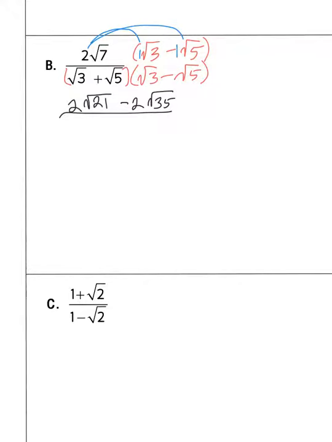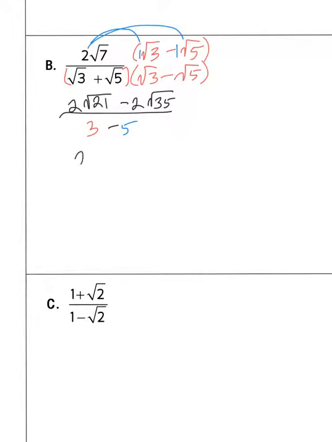And then over, I'm going to apply the shortcut. So remember, if this is the difference of 2 squares factor pattern, this is a plus b times a minus b. That's supposed to equal a squared minus b squared. This is a, that's b. So the radical 3 squared is going to be 3 minus the radical 5 squared is 5.